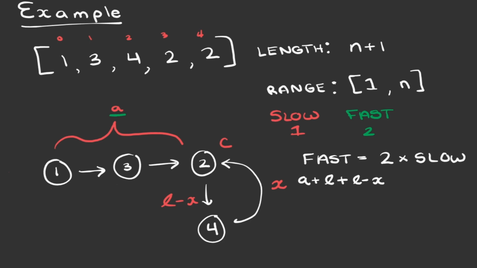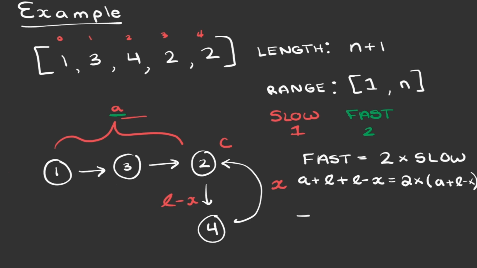However, the slow pointer only traversed the A part as well as the L minus x part to get to the point of collision. So we can say that the slow is equal to A plus L minus x.